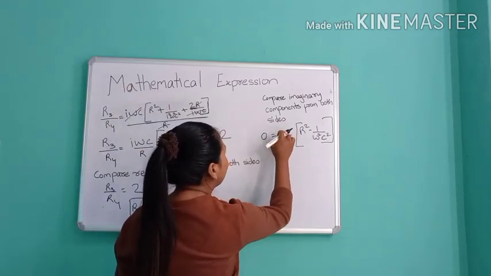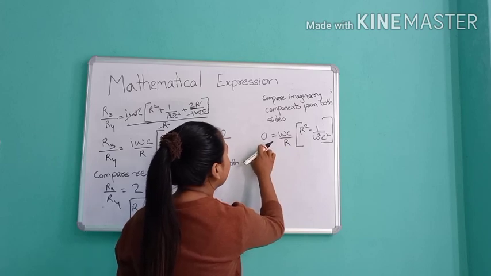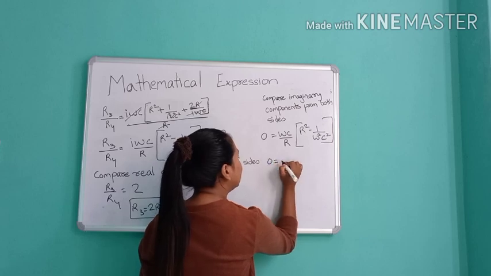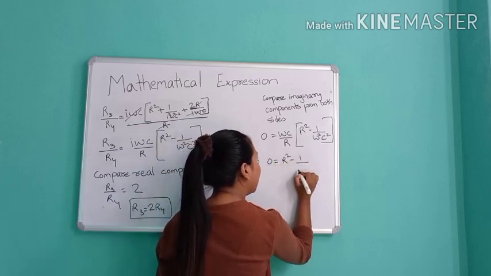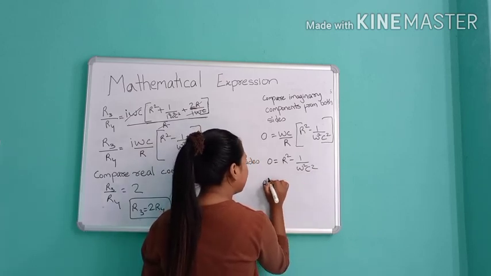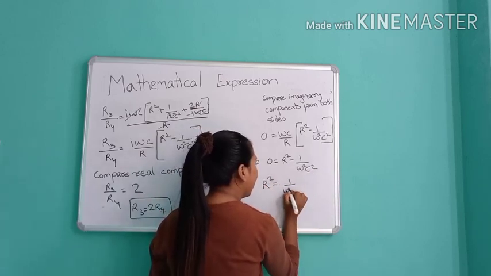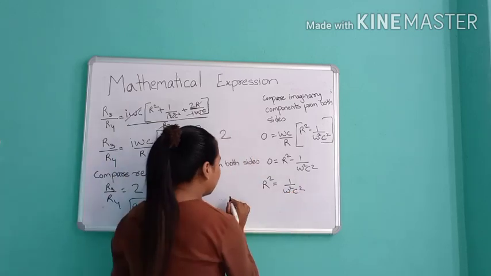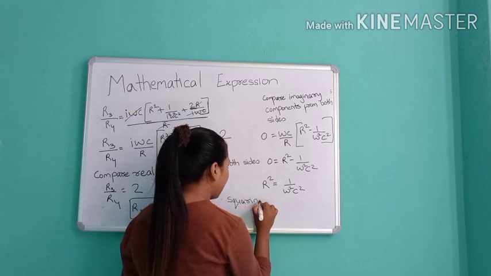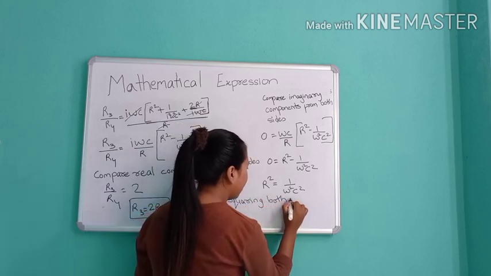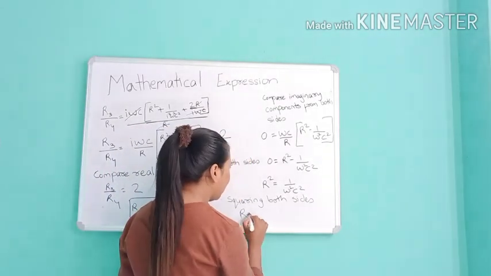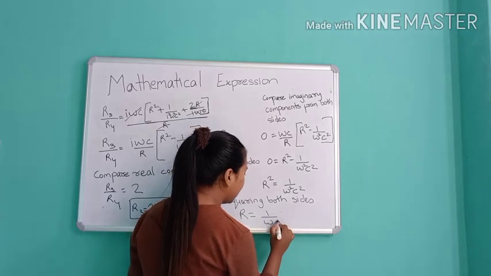Now this term will go here, then it will form 0 equals R square minus 1 by omega square C square. R square equals 1 by omega square C square. Squaring both sides, R equals 1 by omega C.